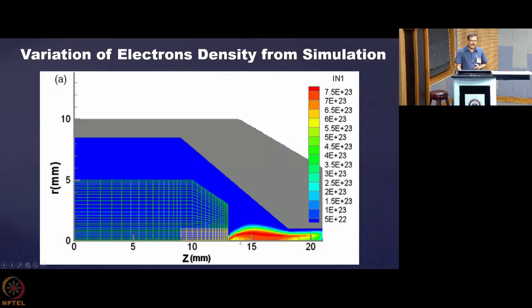So at this temperature, what is happening? You are getting second ionized state. So those which are already first ionized in this zone, whenever they come in this zone, get second ionized. So the population of the first ionized states is getting converted into the second ionized state. That's why the population of the first ionized state, this IN1, is reducing over here.